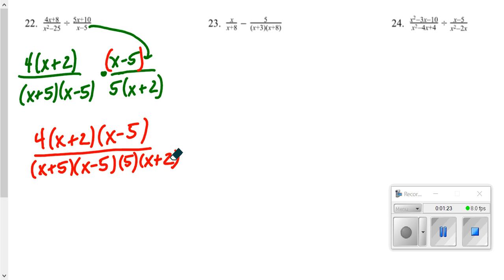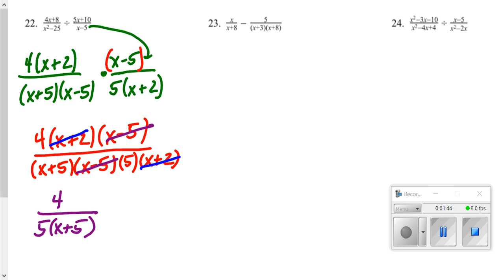And then anything that's on the top and the bottom would divide to equal 1. That is, something divided by itself is 1, as long as that something isn't 0. And then here, I'd have another common factor, and then that would just leave me with my answer. Those are the pieces that remain.